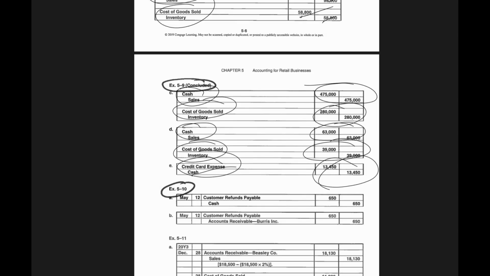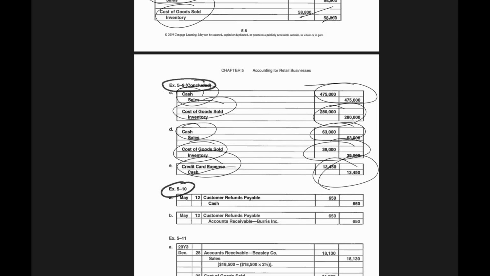Number 10 reads, on December 28, Silverman Enterprises sold $18,000 of merchandise to Beasley with the terms 2/10 net 30. The cost of goods sold was $11,200. On December 31st, Silverman prepared its adjusting entries, yearly financial statements, and closing entries. On January 3, Silverman Enterprises issued Beasley a credit memo for returned merchandise.